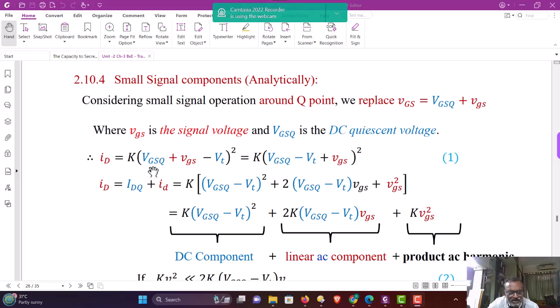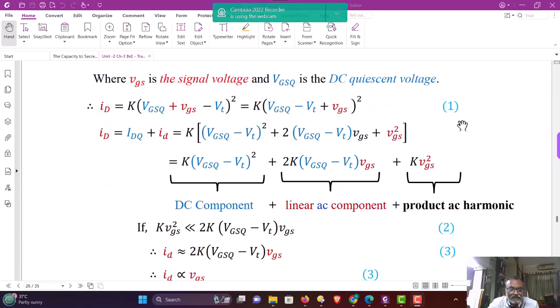Here VGSQ, in blue, is a DC quantity and vgs, in red, is the AC quantity, minus VT, where VT is the threshold voltage. So by substitution we get ID is equal to K into VGSQ plus vgs minus VT squared.